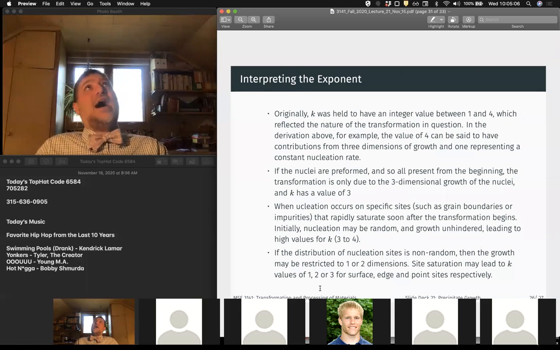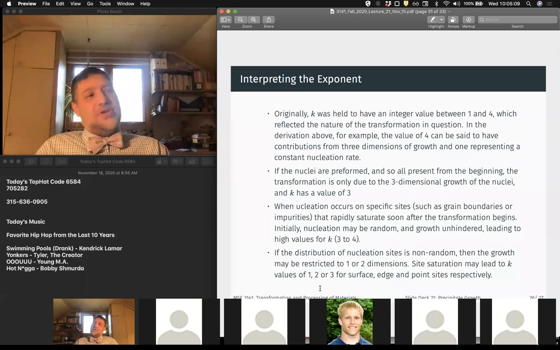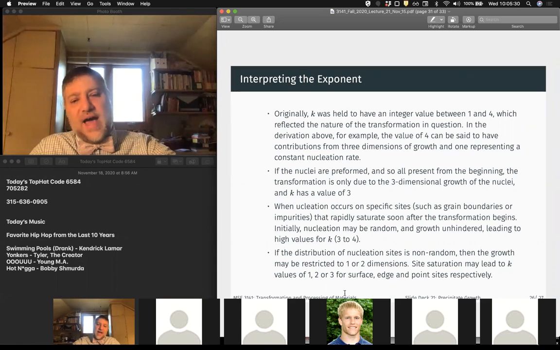But if you know how the experiment was performed and you know how the phase transformation is occurring in general, then the Avrami exponent can tell you something about details you can't observe directly, right?